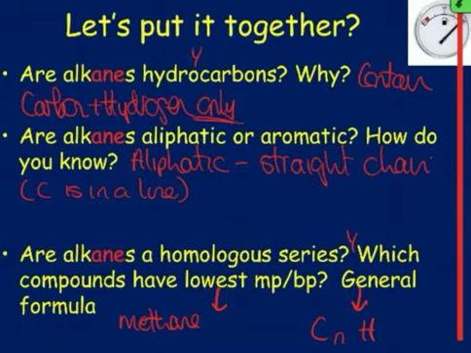So N is for a number. It is CnH2n plus 2. If you look at something like ethane and you know it's got 2 carbons, then 2 2s are 4, plus 2, so H6 is going to be its formula. So it's called a general formula.